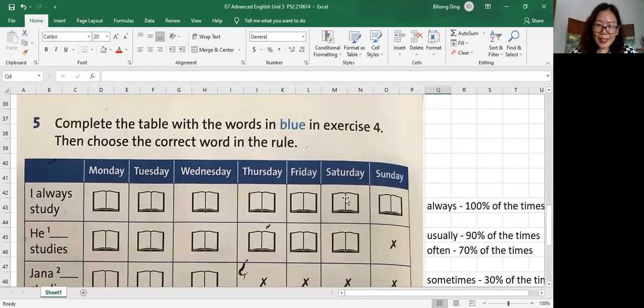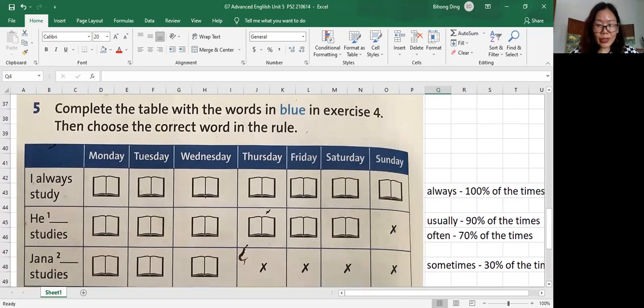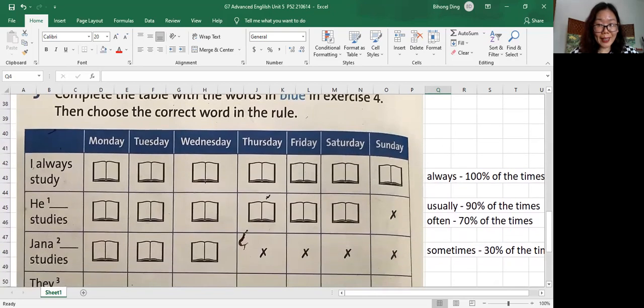Now, let's move downward and take a look at exercise 5. I think this is a good chart for you to understand the frequency. Frequency means how many times you do something every week.